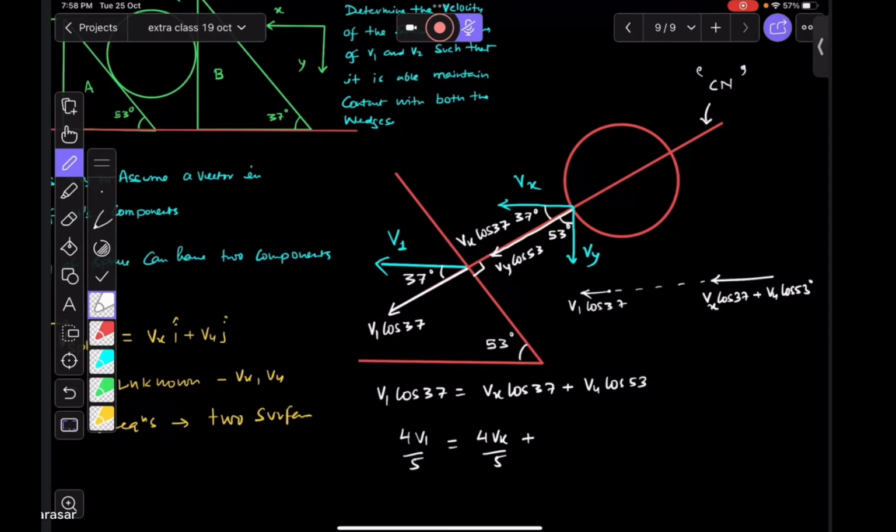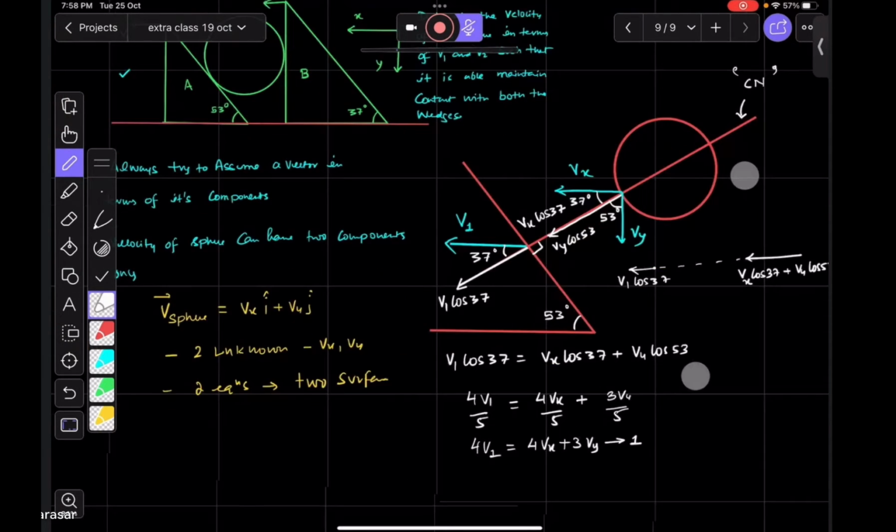And cos 53 is 3 by 5, so it will become 3Vy by 5. Simplifying it, you will get 4V1 equals 4Vx plus 3Vy. That is our one equation from one surface.